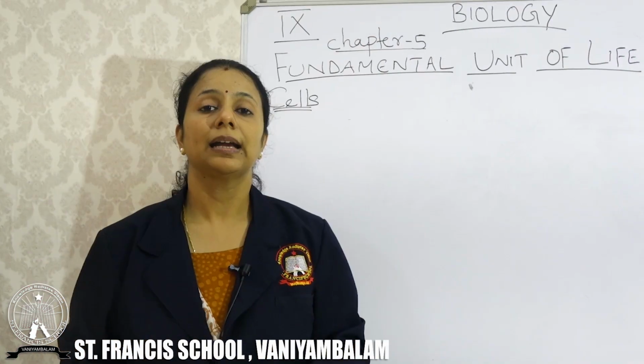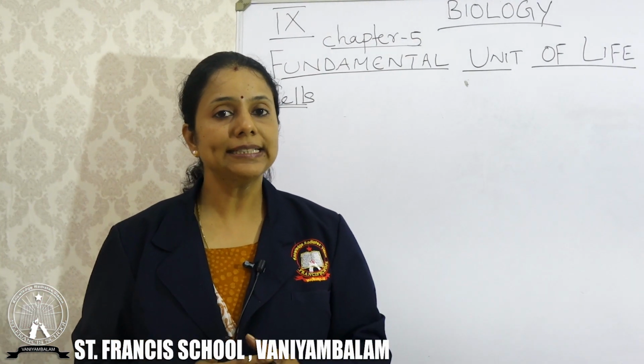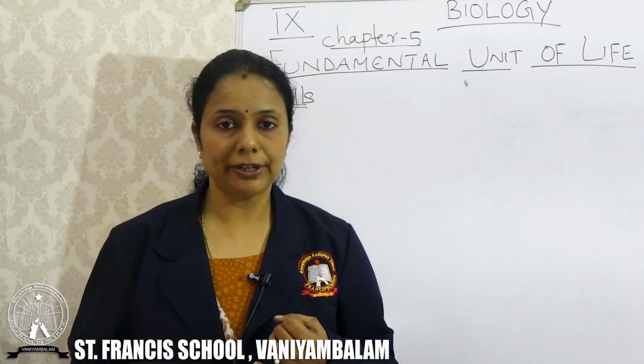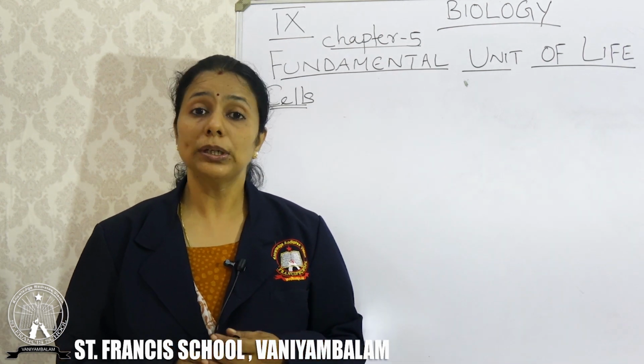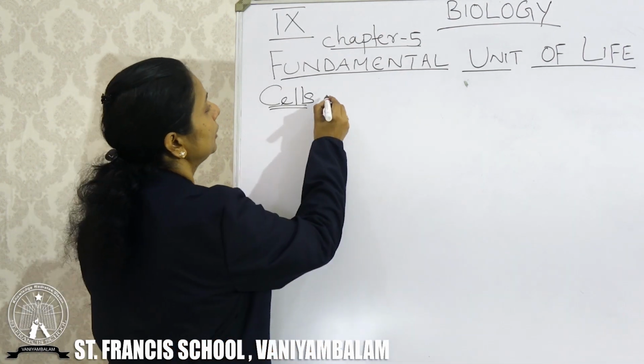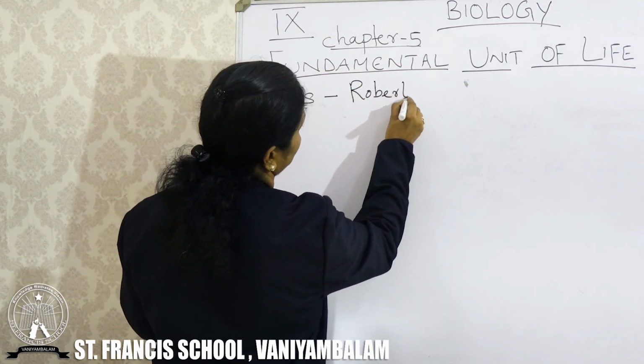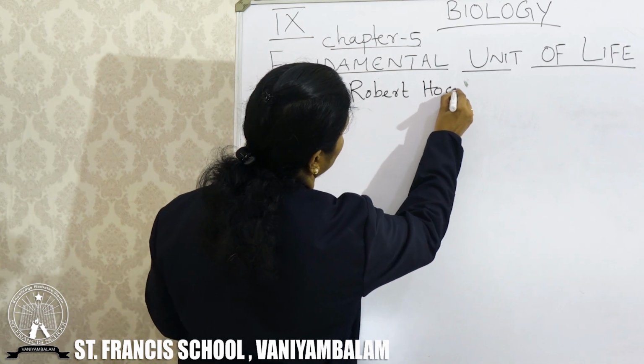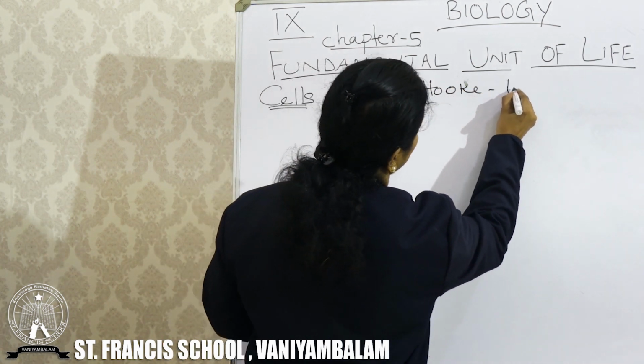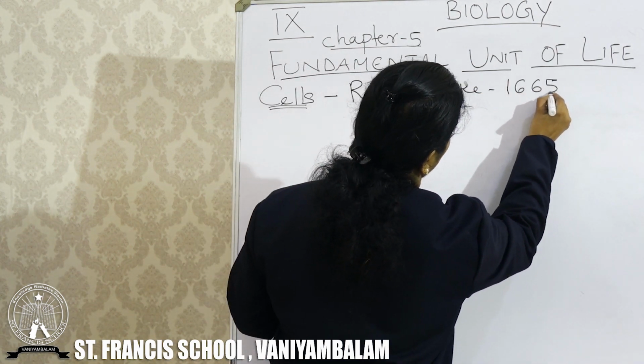In the last class, we discussed the discovery of the cell, right? Who discovered the cell? Robert Hooke. Robert Hooke discovered the cell in 1665.